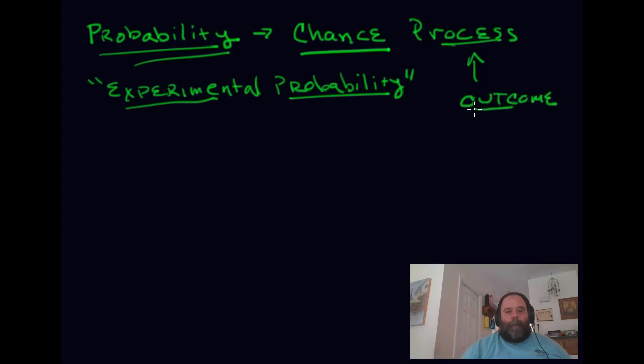I identify an outcome that can be a result of this chance process, repeat this process over and over again, and say what proportion of the time does this outcome occur.